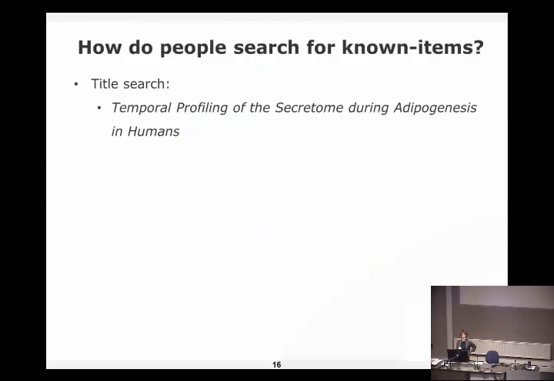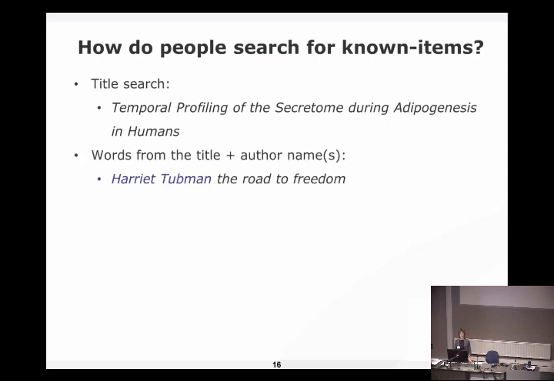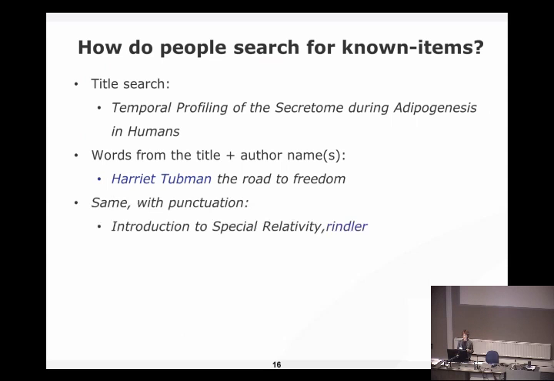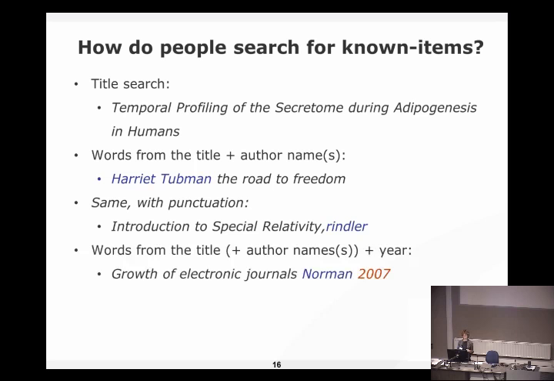So when we look at the logs, we find several ways in which people look for, say, known items. Sometimes they just copy and paste the title. Sometimes they do a combination, like author name and one or two words, or the whole title. Sometimes they add punctuation, so they have some title words and author.